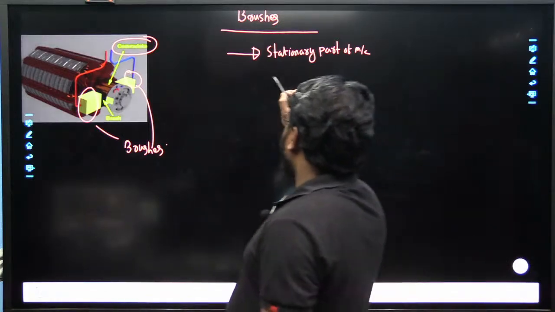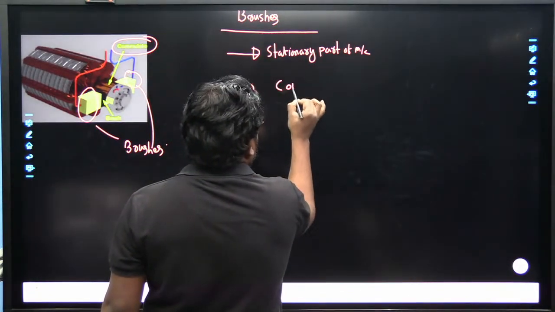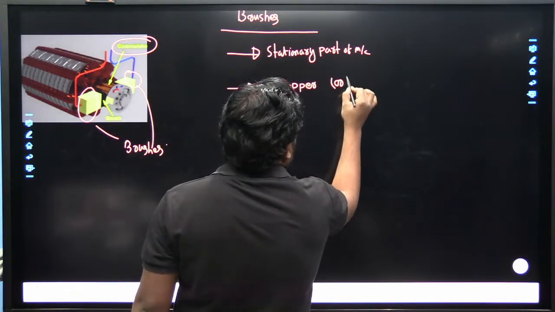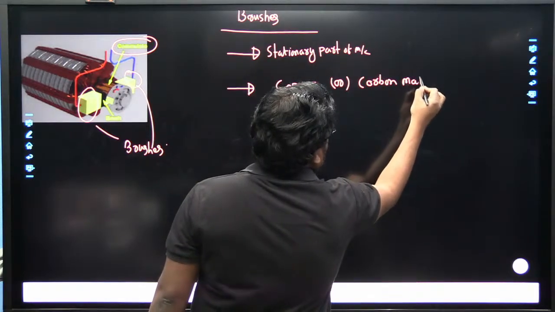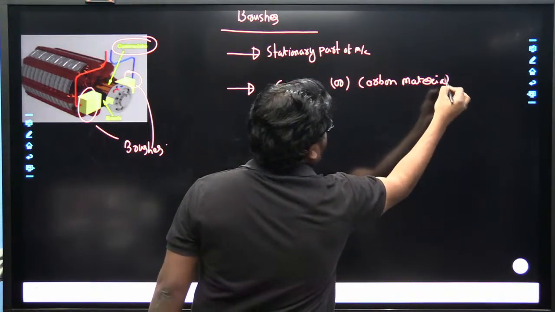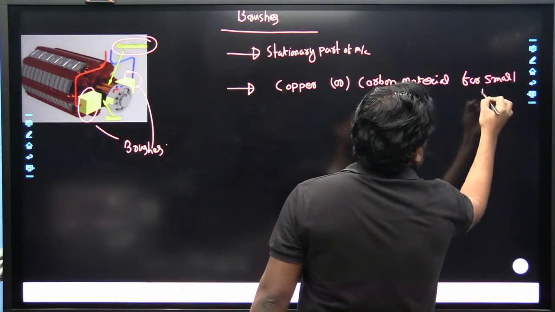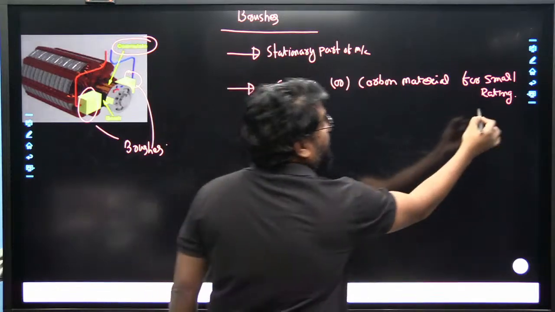Brushes are made of copper or carbon material for small rating machines.